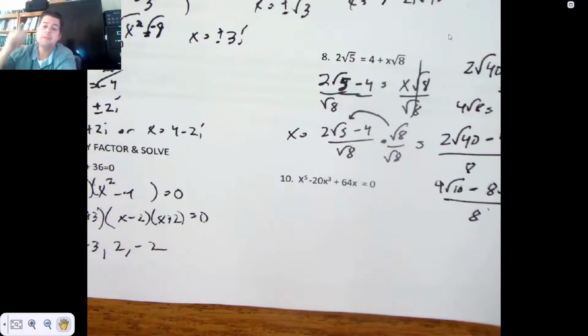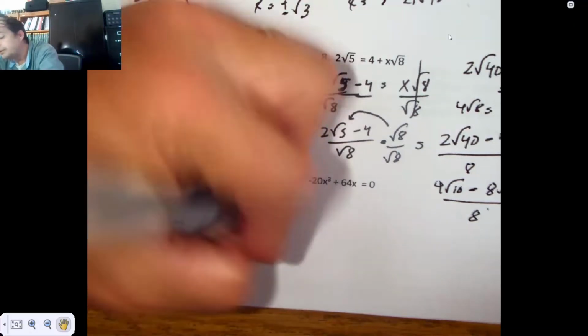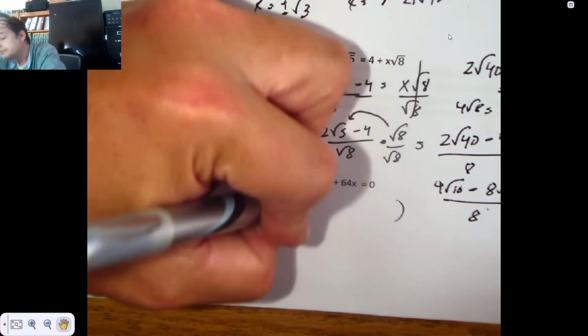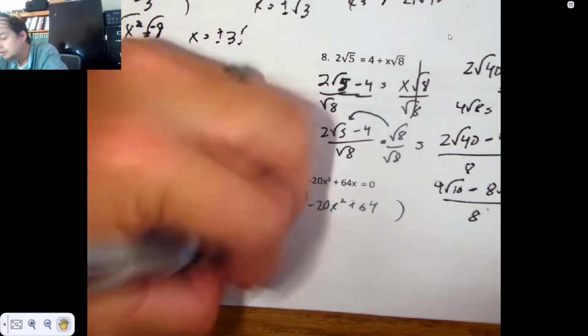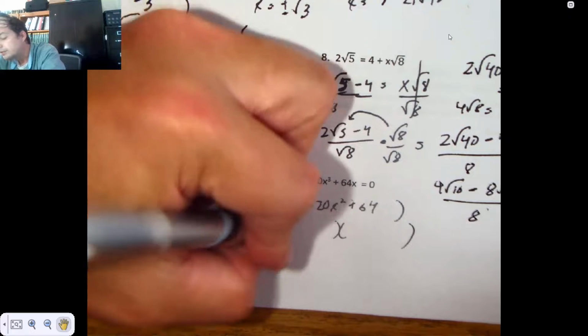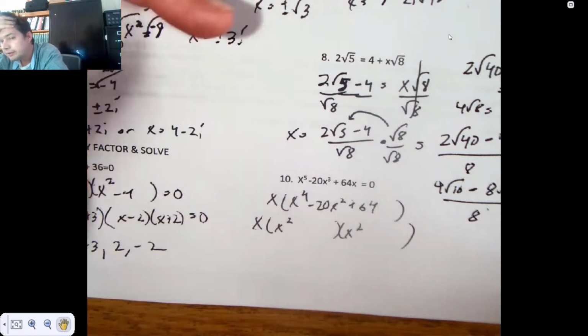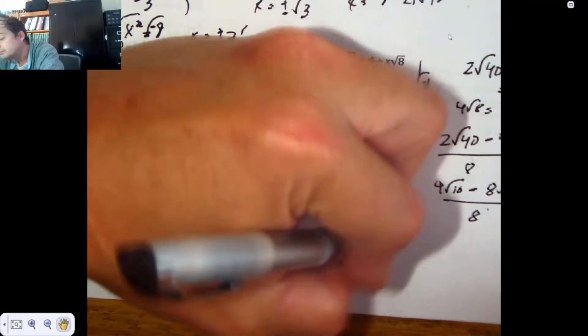And last one for this video, and then I'm taking my tired butt home. All three factors contain an x. Now I can continue to factor. To create that x to the 4th, I need an x squared and an x squared. Factors of 64 that add to 20 are probably going to be 4 and 16.